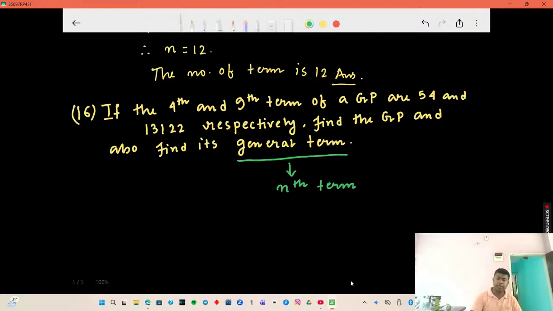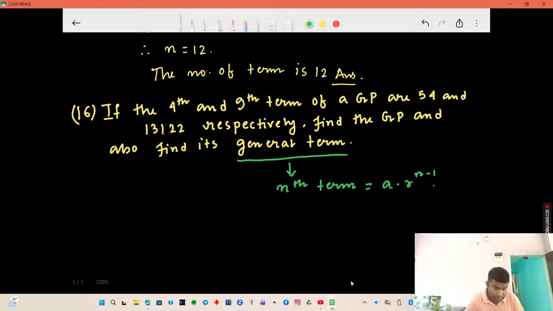And what is the nth term? The value of the nth term is a into r to the power n minus 1. So in order to find the general term, we have to find the value of the first term, that is a, and the value of the common ratio.